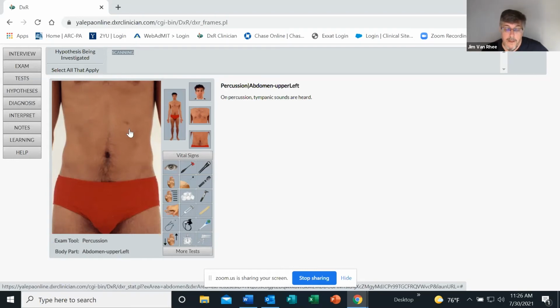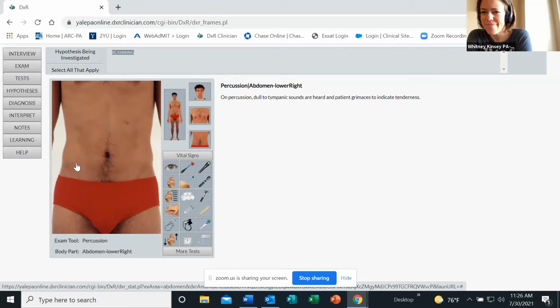Okay, we'll go to the left upper. On percussion, tympanic sounds are heard. You want to percuss right or left lower quadrant first? Left, please. Okay. Tympanic sounds are heard on the left. On the right, dull to tympanic sounds are heard and patient grimaces to indicate tenderness.